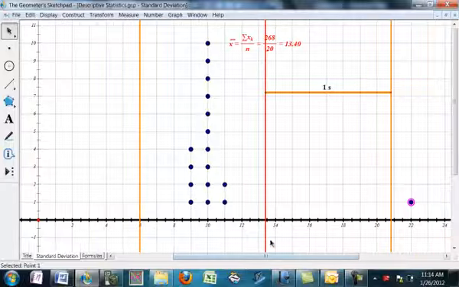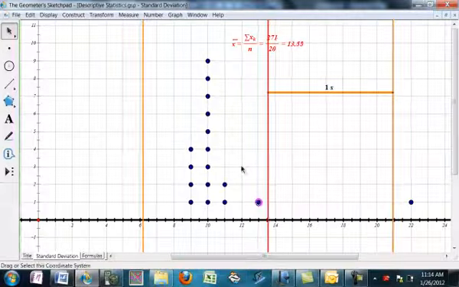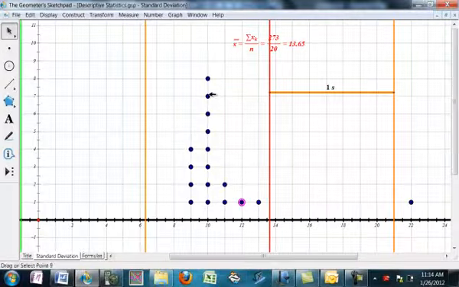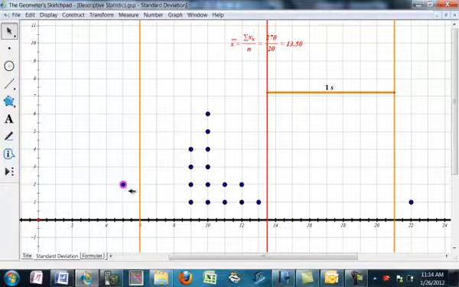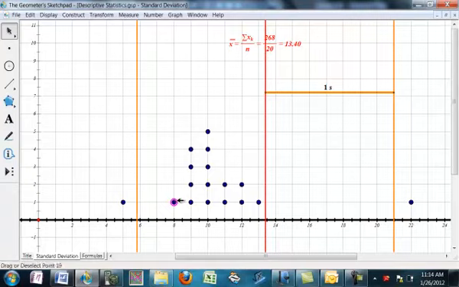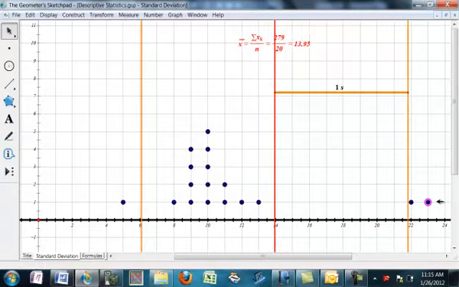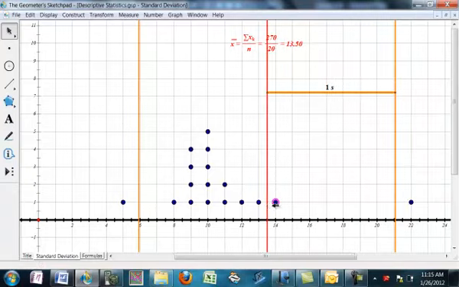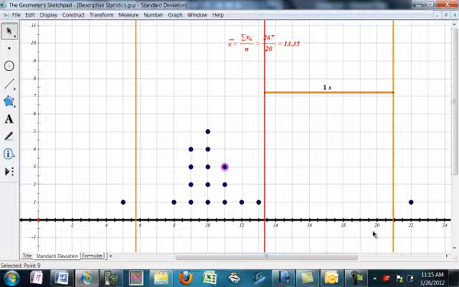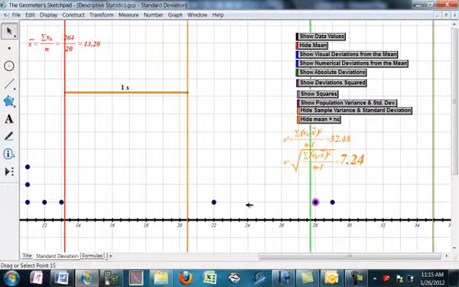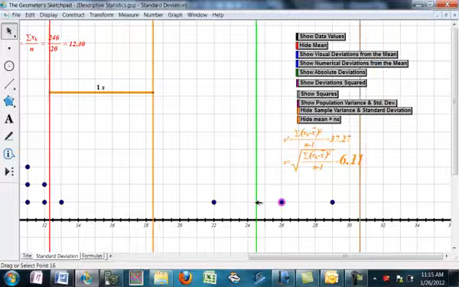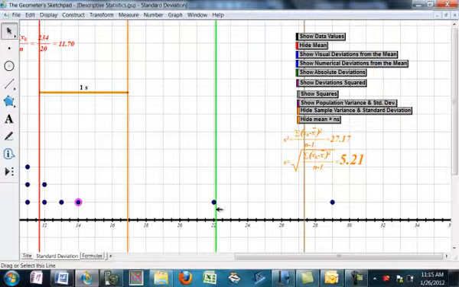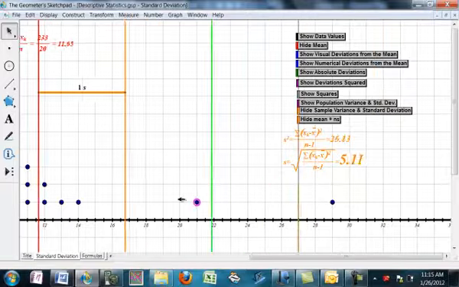So the point is, I can experiment with this, and I can see what's going to happen with these different possibilities for how spread out this would be. But one of the points is as I spread my data out, they get further away from the mean perhaps, but they also have a tendency to, look what that does when I bring it out.